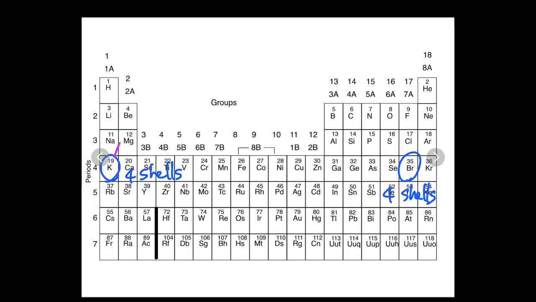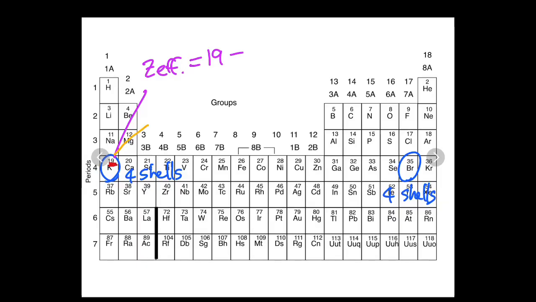So we need to look at their effective nuclear charge. The effective nuclear charge of potassium comes from the number of protons, which is 19, minus the shielding electrons. Shielding electrons are those in the inner shell, right? If you want to know what the inner electrons are, you can write out the condensed electron configuration.